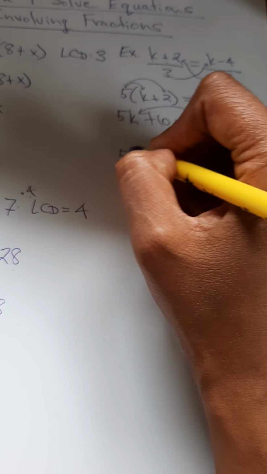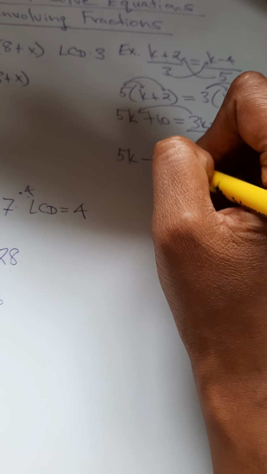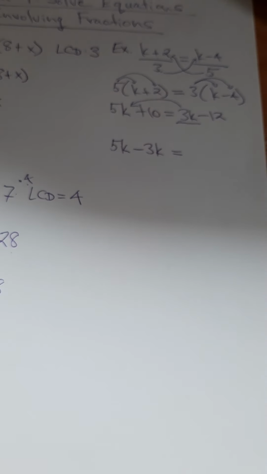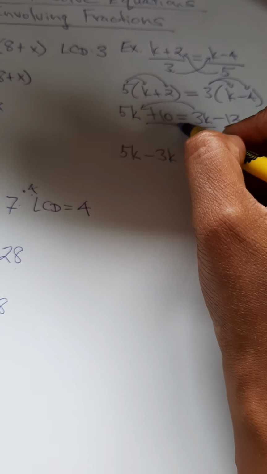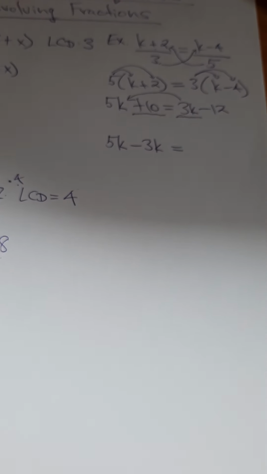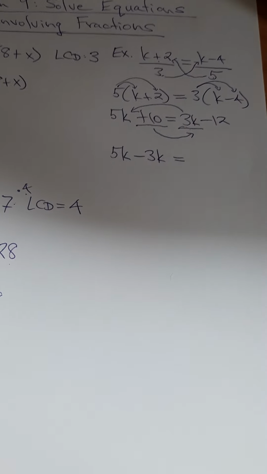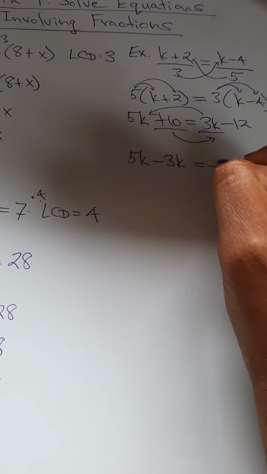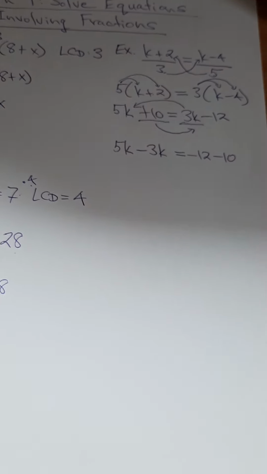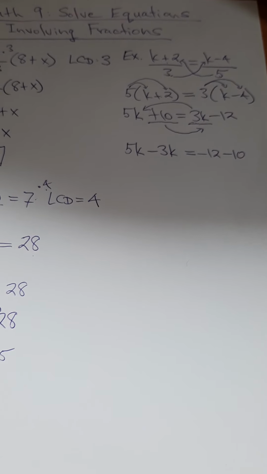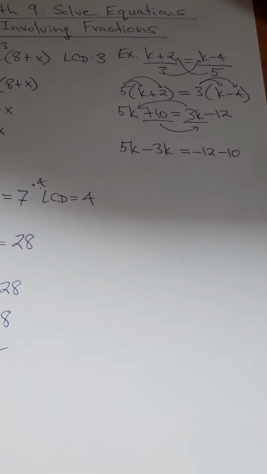I'm going to leave some room here. So 5k minus 3k equals, and if you look very closely, this is positive 10 on the left side. When you take it to the right side, it's going to become negative. So I have negative 12 minus 10. Does everyone see that?